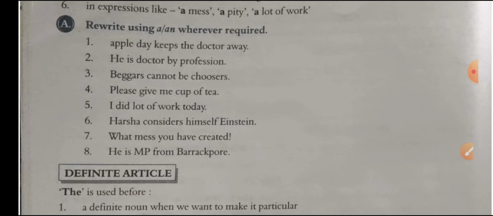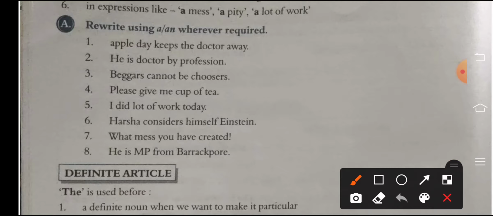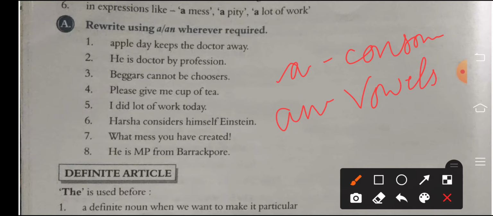So we know that's a general concept, that a we have to use with consonant sounds and letters, right? And an we have to use with vowel sounds and letters. So that we have learnt in the videos.